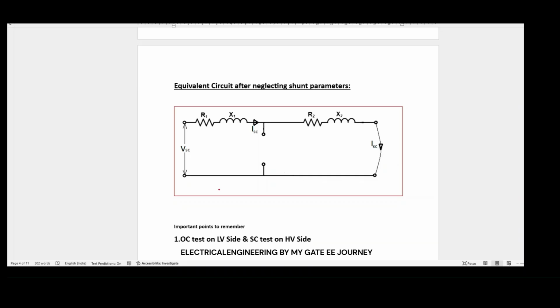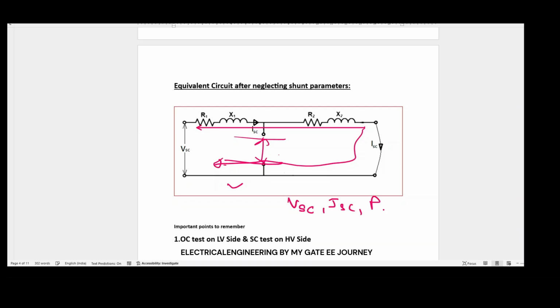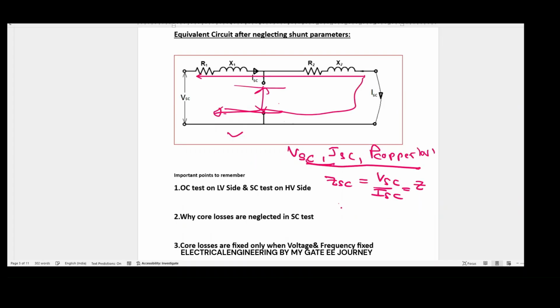Now, what are the parameters we have in hand? We have VSC, ISC, and P copper losses. From VSC by ISC, we can get the resultant series impedance Z equivalent. And we know the copper losses and the short circuit current, that is the rated current.